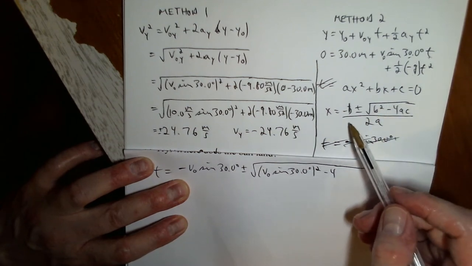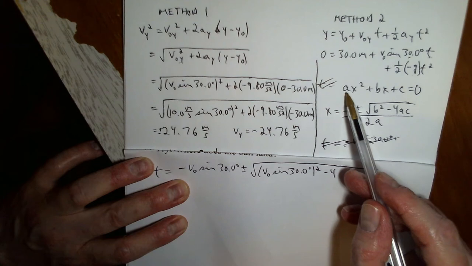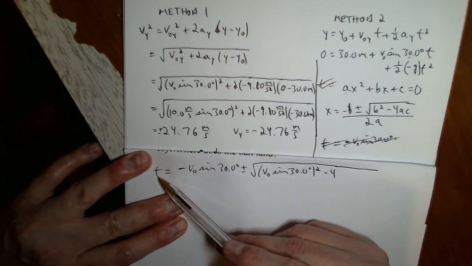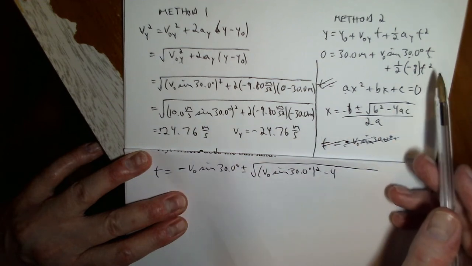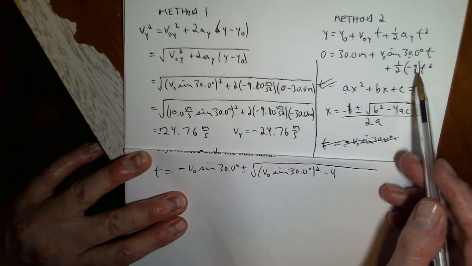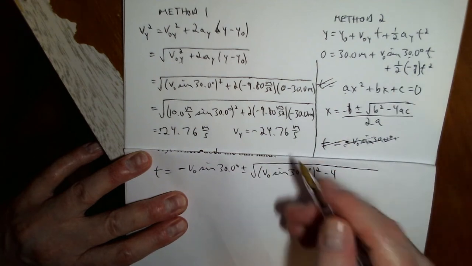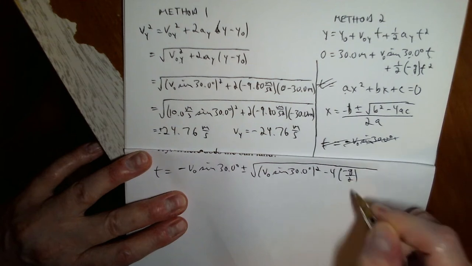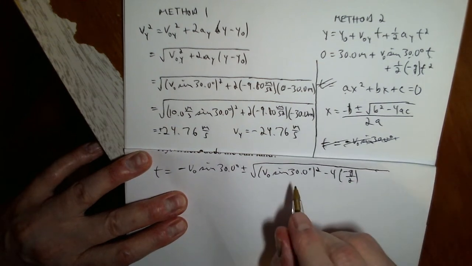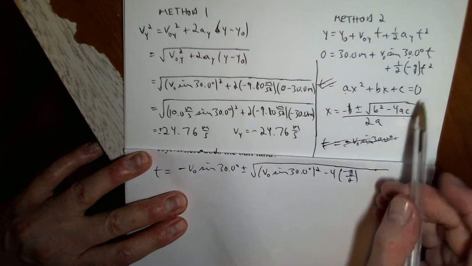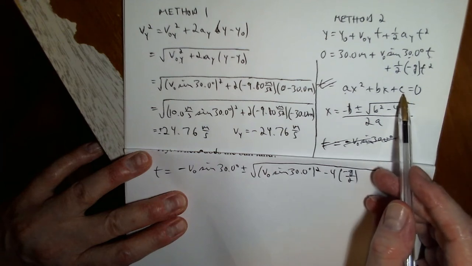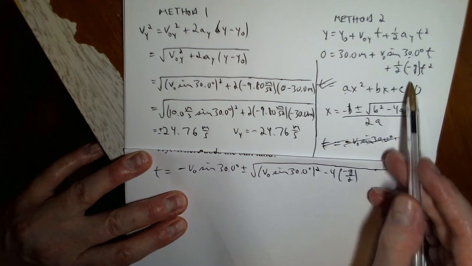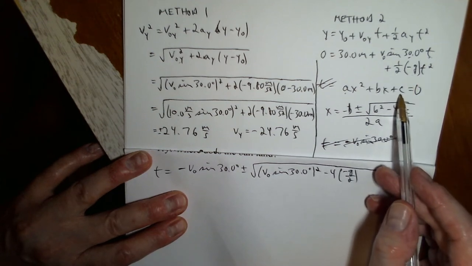A is the thing that multiplies the variable to the second power. The variable is t, that's what I'm solving for. So what multiplies the variable to the second power is minus g over 2. So I plug in minus g over 2, and that's times c. C is the thing that multiplies the variable to the 0 power. In other words, variable to the 0 power is 1, so c is the thing that's alone.